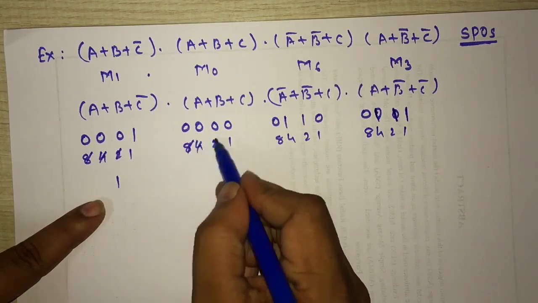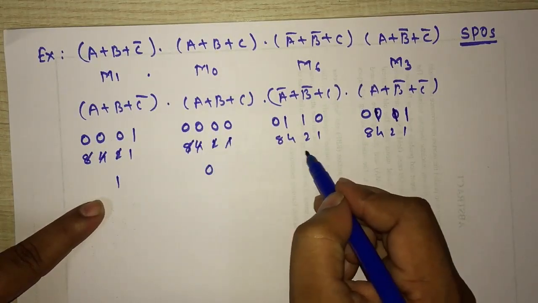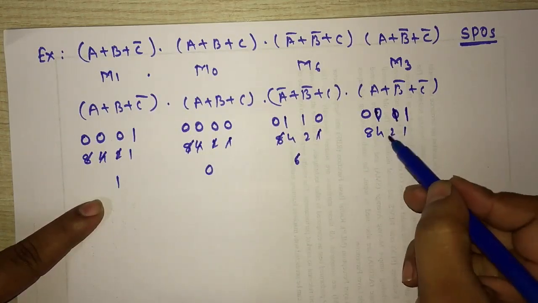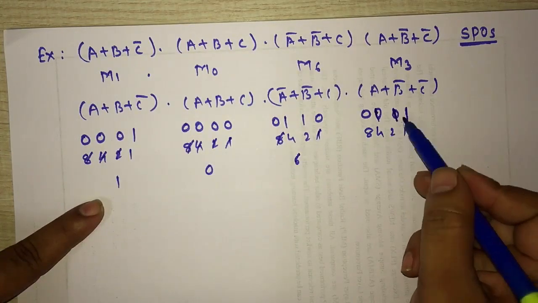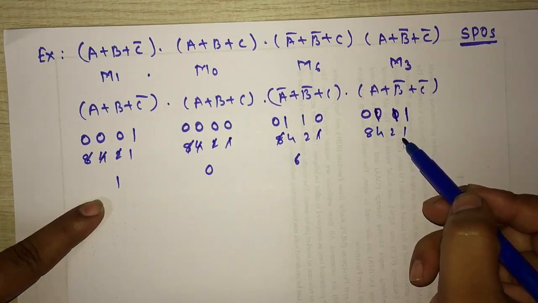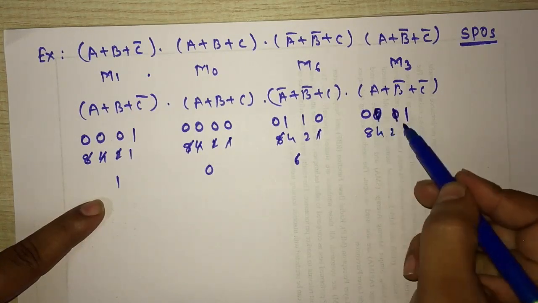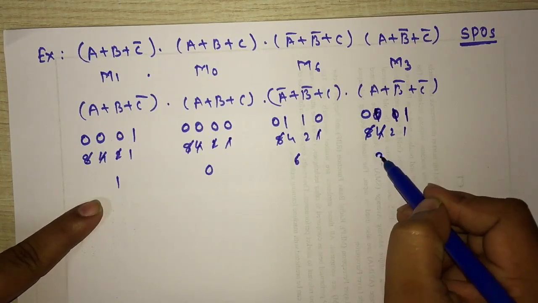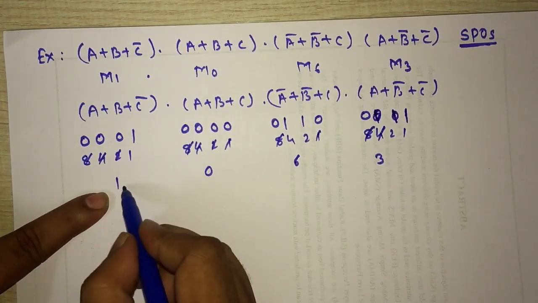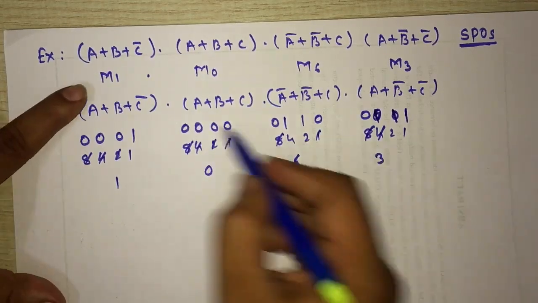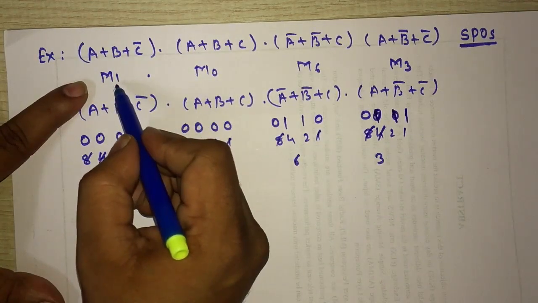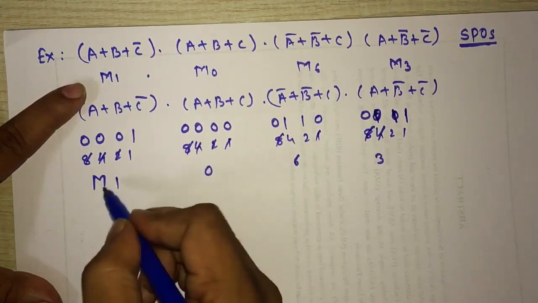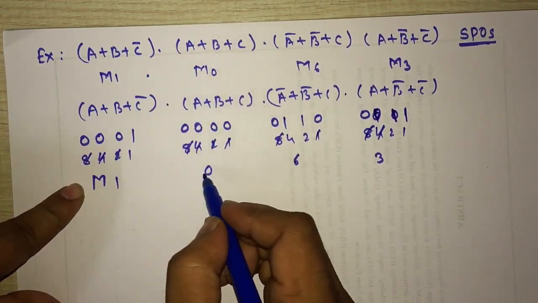Here all the digits are absent, value is 0. Here 8 and 1 are absent, value is 6. Here 0 0 1 1, 2 and 1 are present, so 3. If you look at these values 1, 0, 6, 3 and the values we took from the table, 1, 0, 6, 3, both are the same. So either we can use this method or the table.